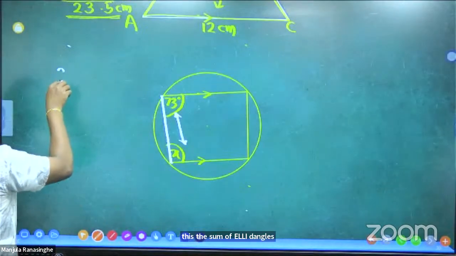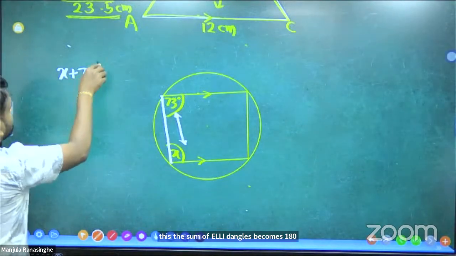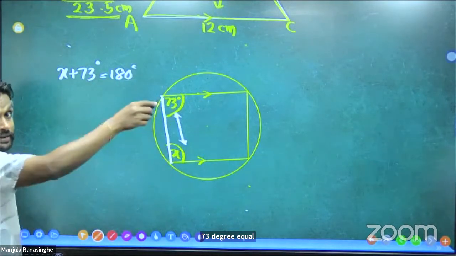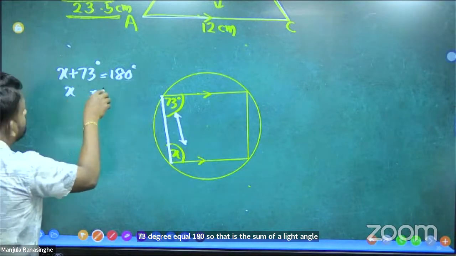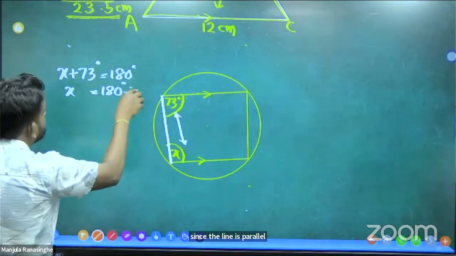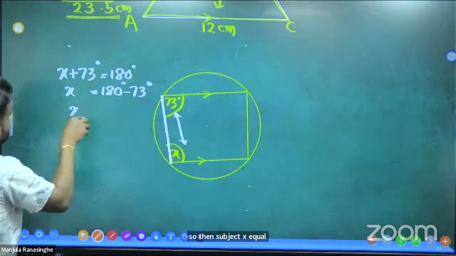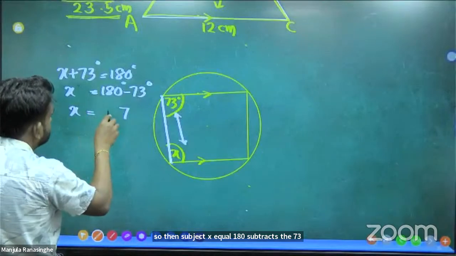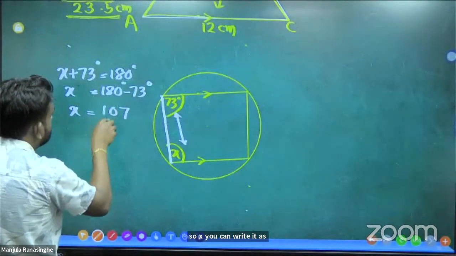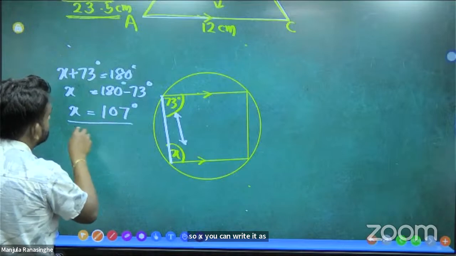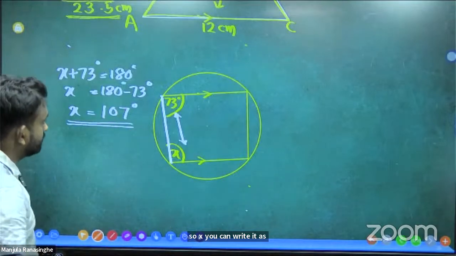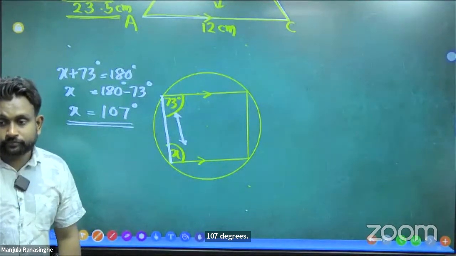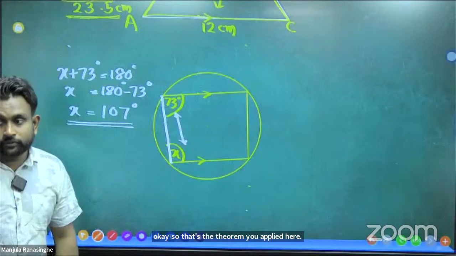Then you can say that x plus 73 degrees equals 180. So that is the sum of allied angles since the lines are parallel. Then making x the subject, x equals 180 minus 73. So x you can write as 107 degrees. So that's the theorem you applied here.